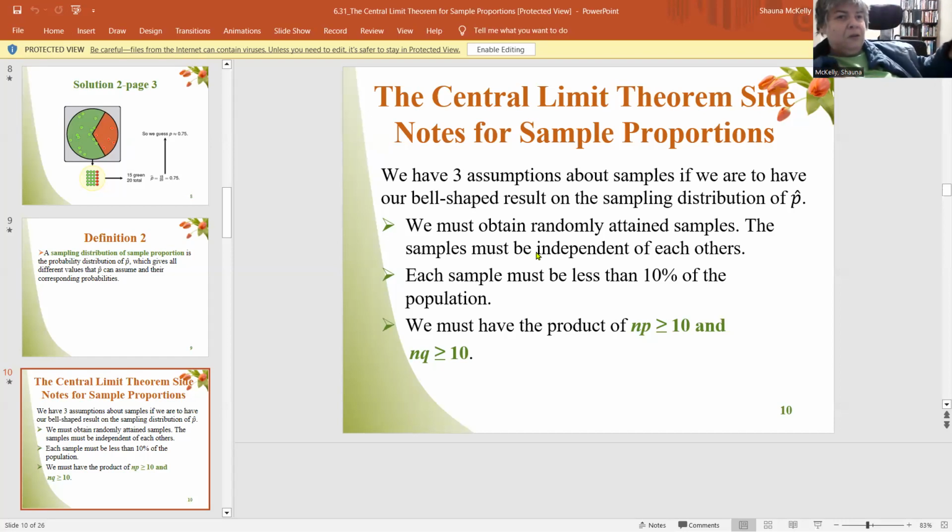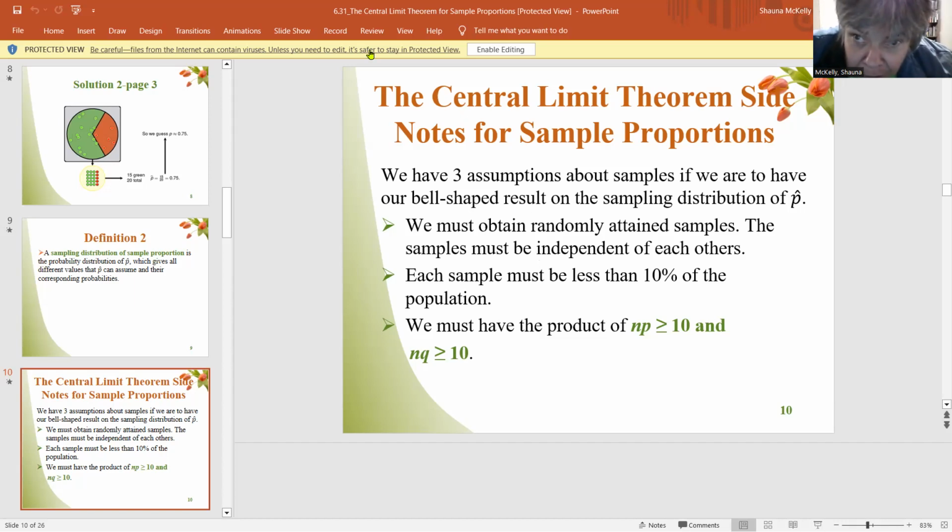So essentially, this kind of goes back to our idea of with replacement. You're putting everything back. You're selecting from the same group. In practice, we grab everybody in one fell swoop. All right, so here, first assumption is randomly selected or randomly attained.